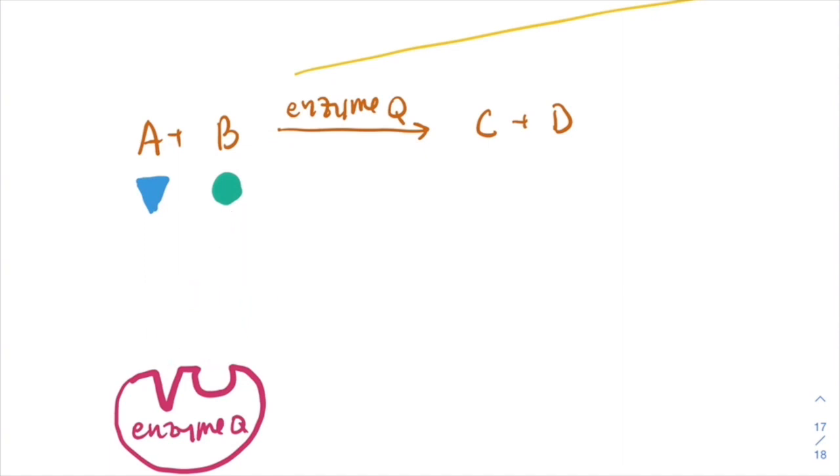Oops, need to erase those too. But let's go ahead and put in substance A in here. Triangle. Drawn a little bit bigger so we can actually see this. And I'll put substance B, our green ball, right in there.